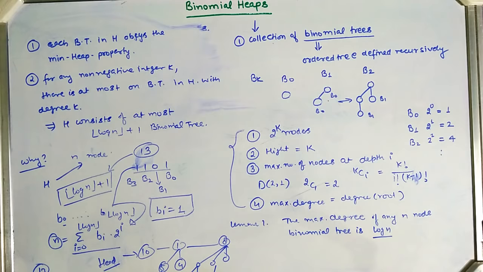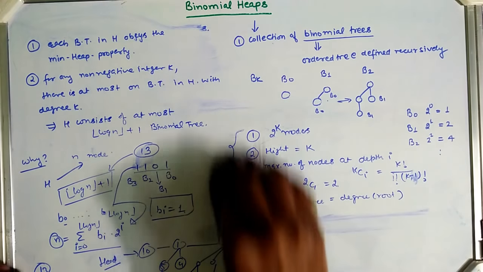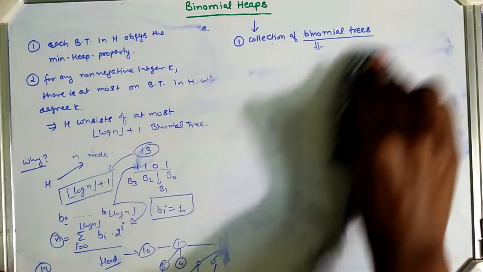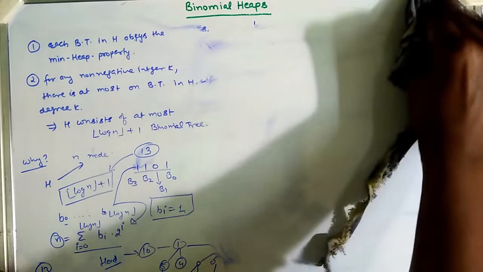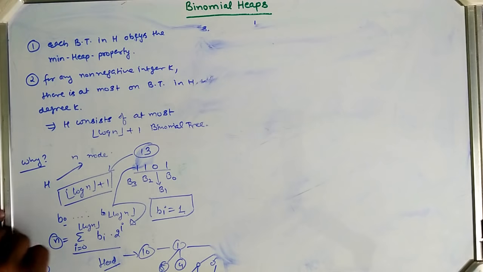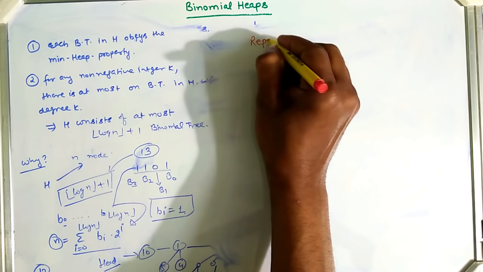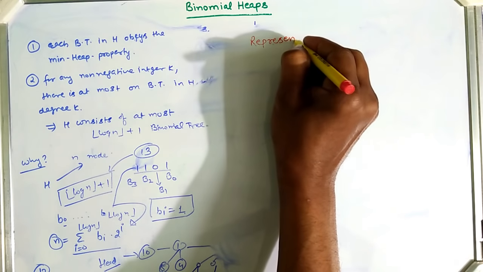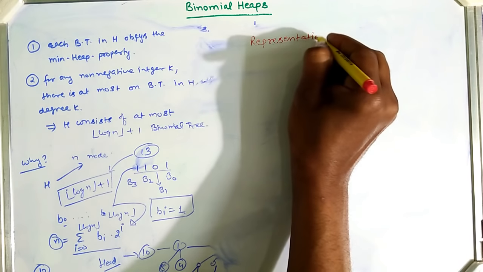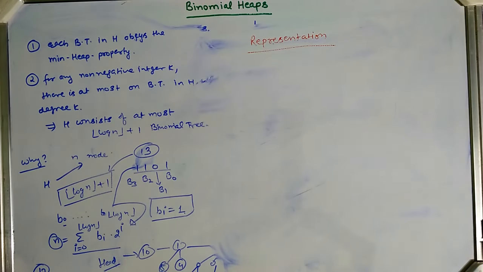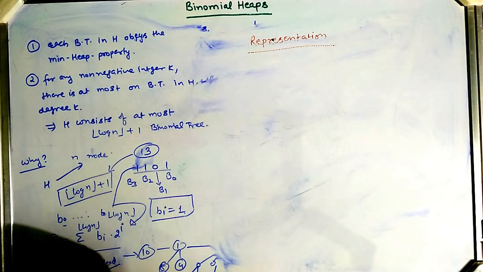Now, how can you represent this binomial heap in memory? The representation of a binomial heap: if you want to represent a binomial heap in memory, it will contain the following information.